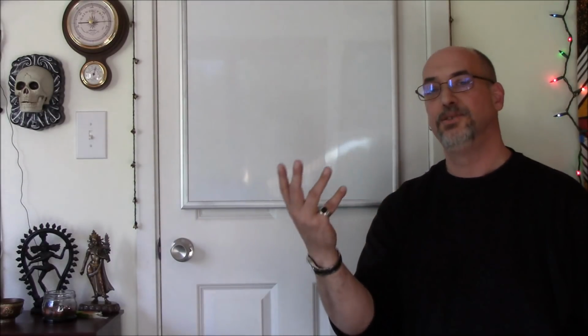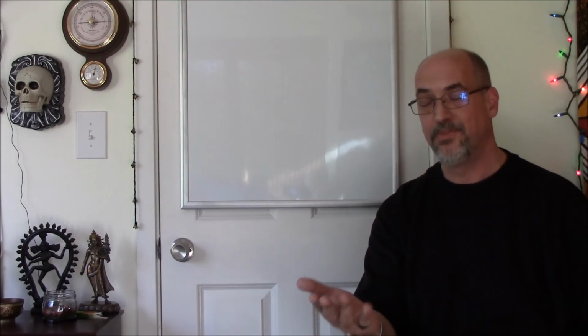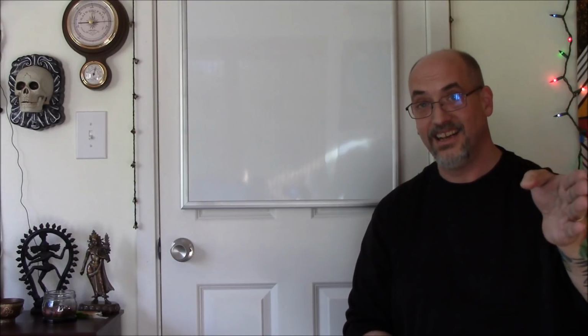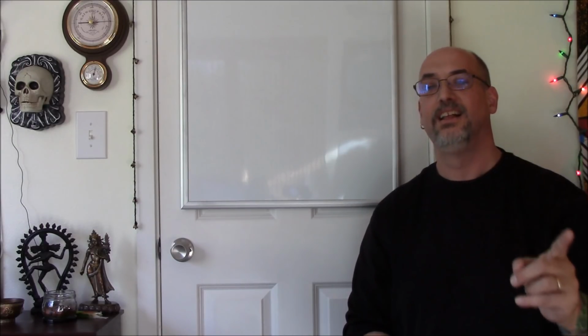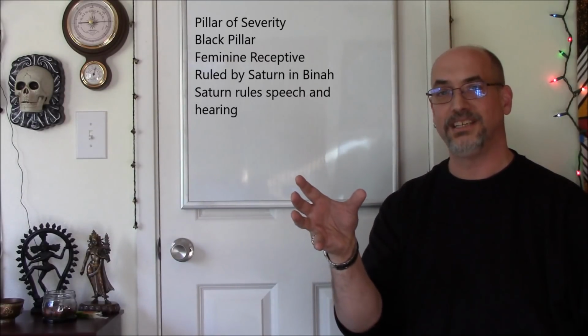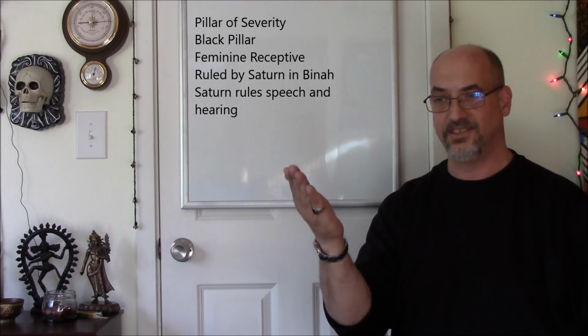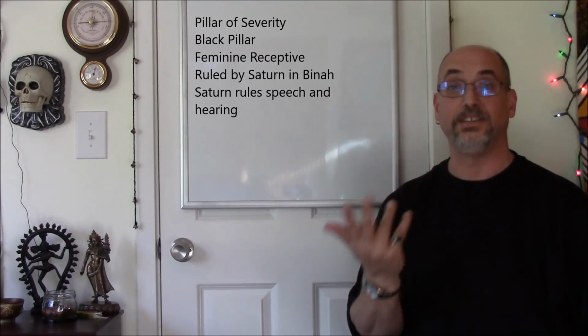And that is that to understand that a metaphor or a simile is linguistic and therefore spoken, lingua, the tongue, and to understand that a symbol or sign or token is seen and not spoken, but they're seen or witnessed or experienced, but not spoken nor heard, then you see the two pillars. Because on the metaphor and simile side, we have Saturn, which rules Binah, which is the pillar of severity, and Saturn itself rules speech and hearing.